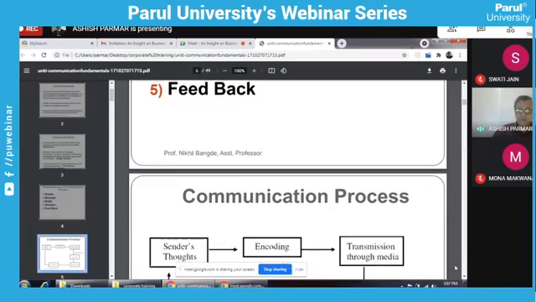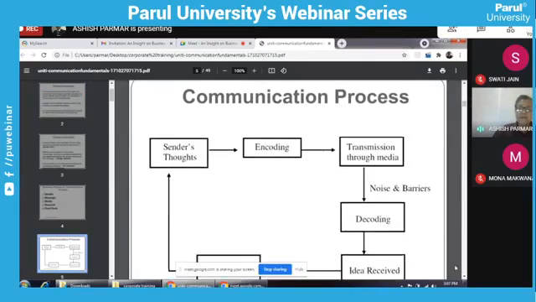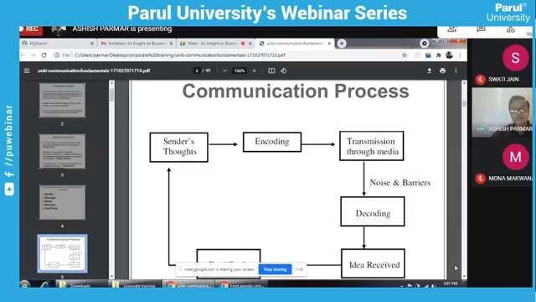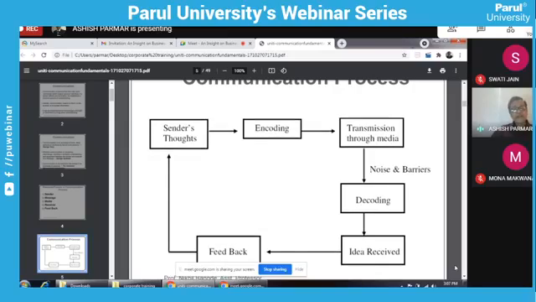The process of communication. Let us look at the diagram of the process of communication. This is how the communication happens. To be technical, first the sender's thoughts. The person who is going to speak or send a message to the receiver, the thoughts which come in his or her mind. Then the thoughts are encoded into a meaningful message.